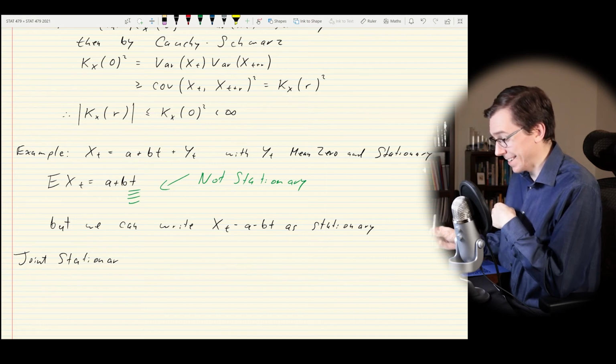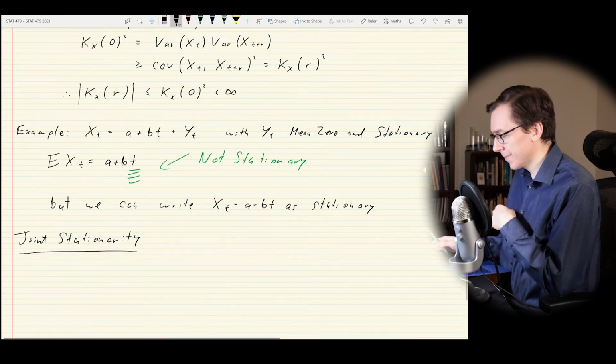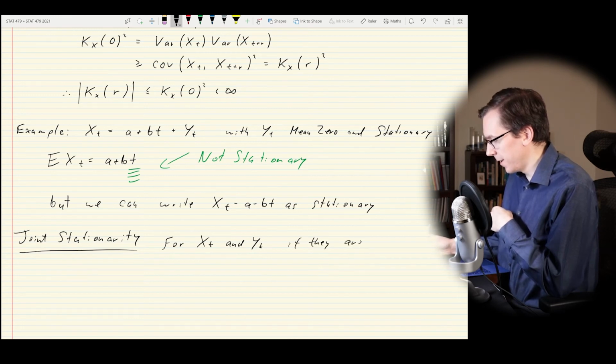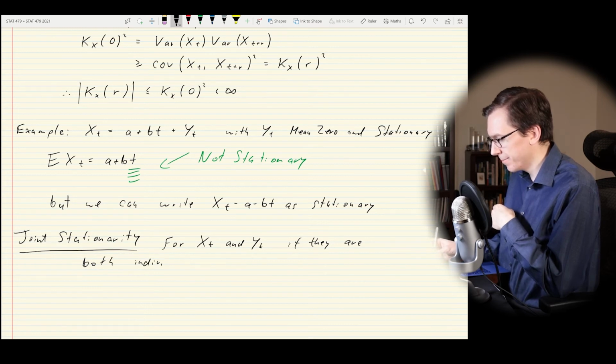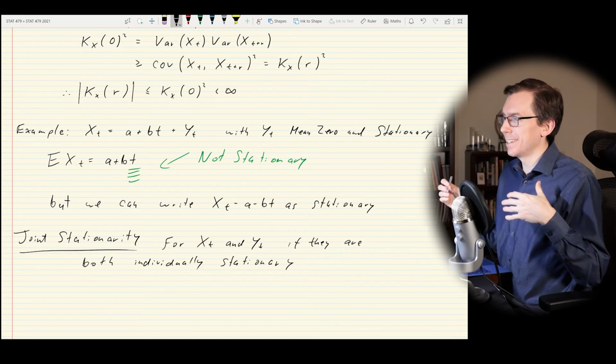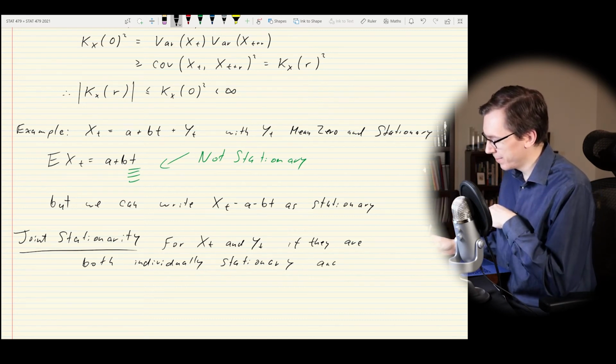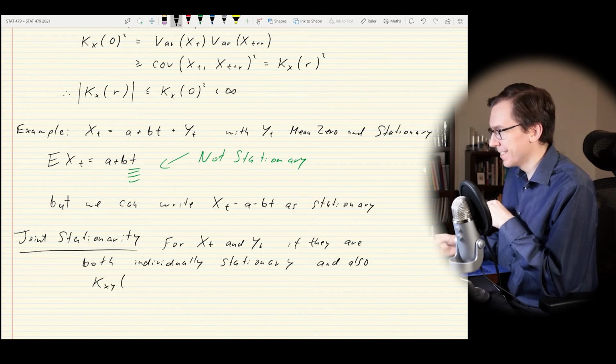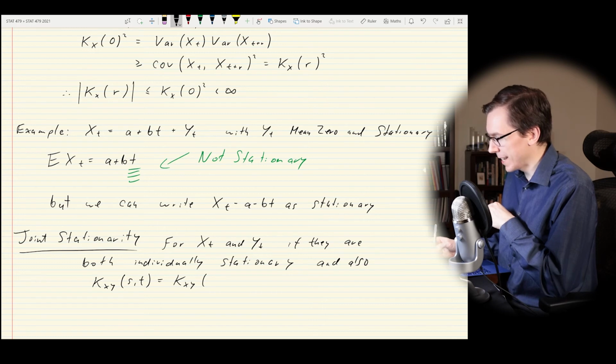So for, let's say, xt and yt, if they are both individually stationary, so we need both of the processes to be stationary on their own, and also we look at the cross correlation or cross covariance function between s and t, and we note that it's equal to itself when we add r to both time points, for all r.